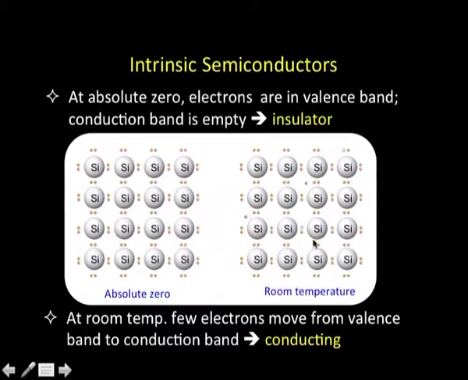So, these are the electrons which have moved from their place in the valence band to the conduction band, and that is where they start conducting, and this material becomes conducting at room temperature. And since the conduction is not as large as that of metals, it is conducting only to a very feeble extent, so they are called semiconductors. So, a material like silicon will be semiconducting at room temperature.